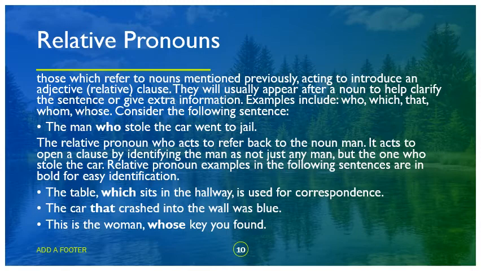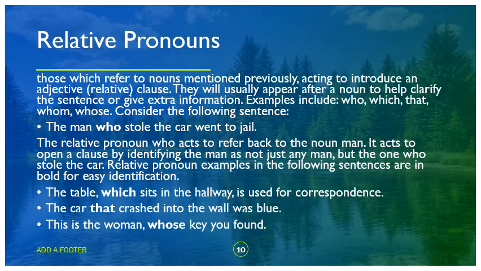Those which refer to nouns mentioned previously. Now, in the example, the noun mentioned previously is the man. Acting to introduce an adjective clause or a relative clause. In this case, who stole the car is the relative clause or the adjective clause. They will usually appear after a noun to help clarify the sentence or give information.